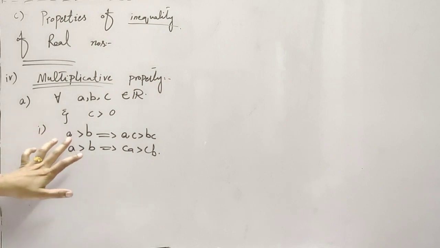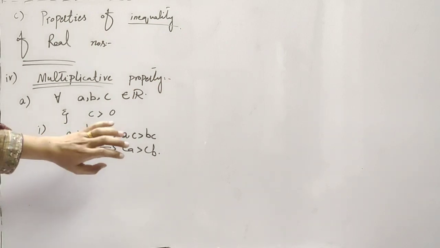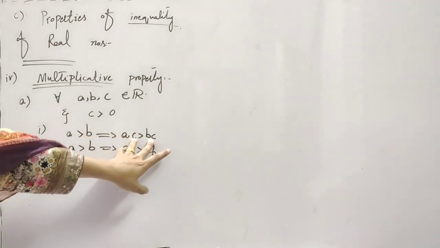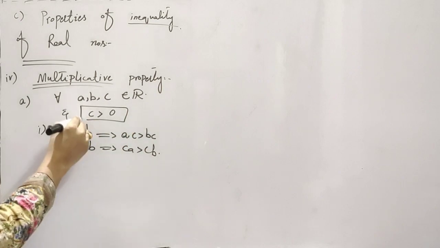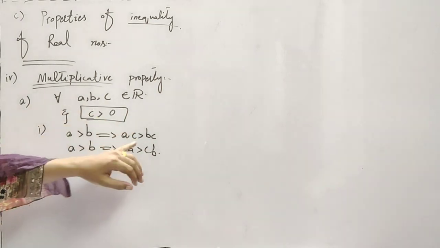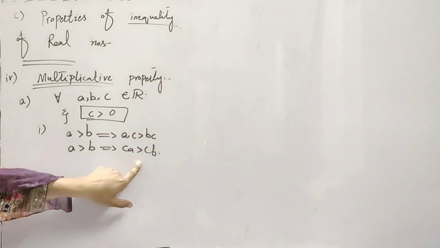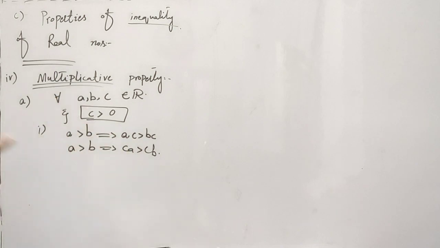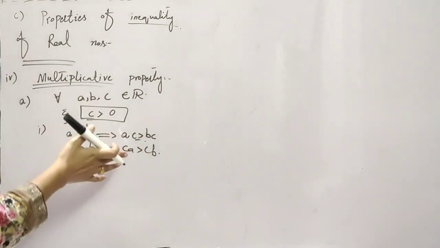It means that take any two numbers, the first number is greater than the second. Multiply any number on both sides which is greater than 0. It means which is a positive number. So if you multiply a positive number on both sides, the inequality sign can never be changed. The inequality sign will be the same as it was before the multiplication.